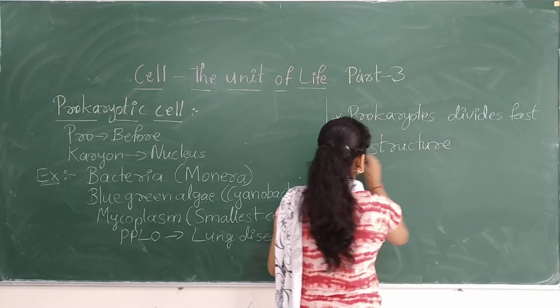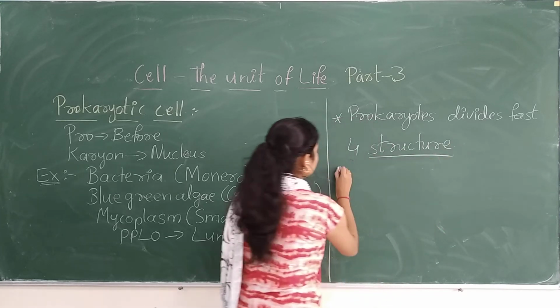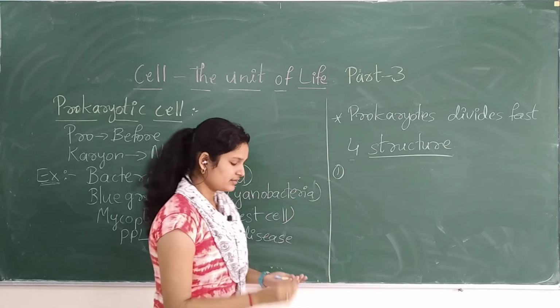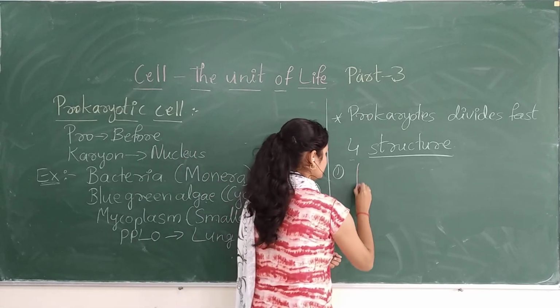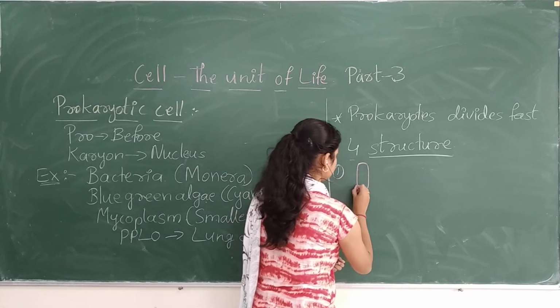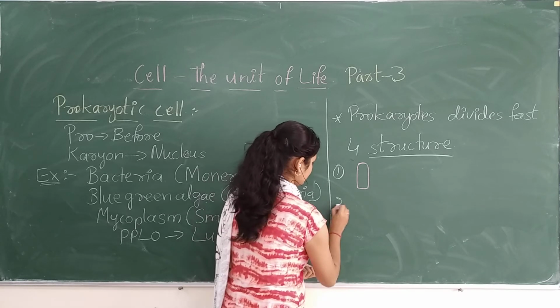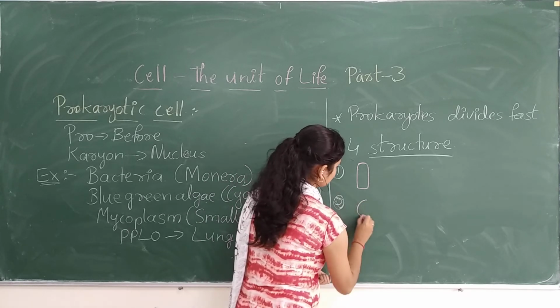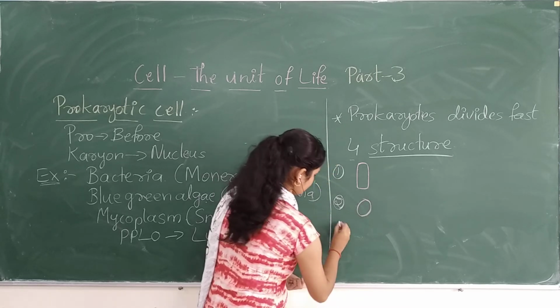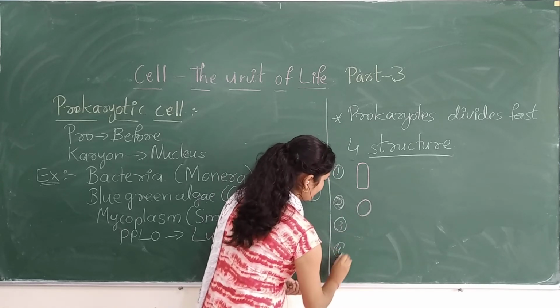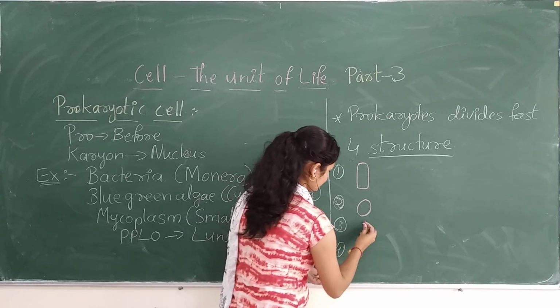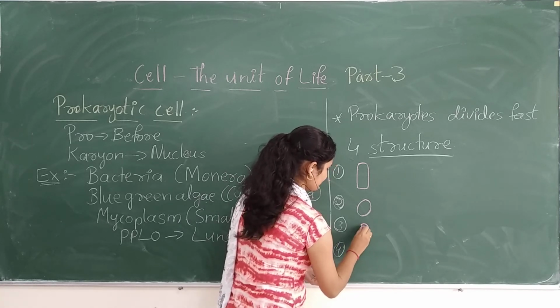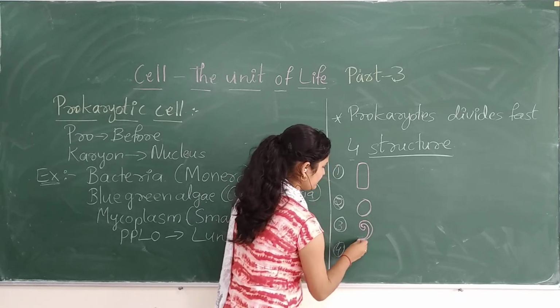What are those? First one, rod like. Second one, spherical. Third one, comma shaped.